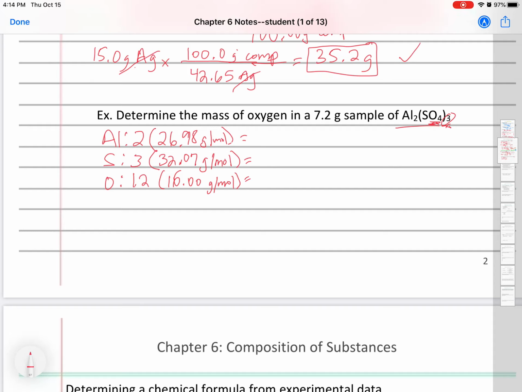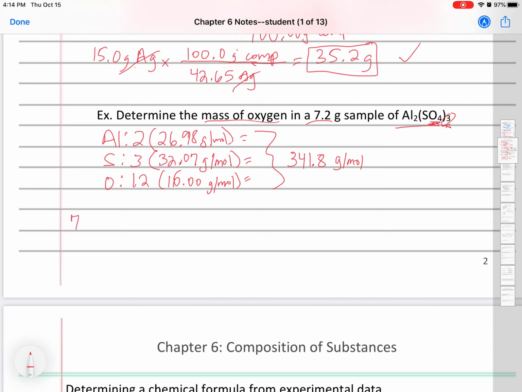I didn't even calculate them out, but if we add them all together, it's a total mass of 341.8 grams per mole. Okay, so it's the molar mass of aluminum sulfate. So now we want to know what is the mass of oxygen in a 7.2 gram sample.